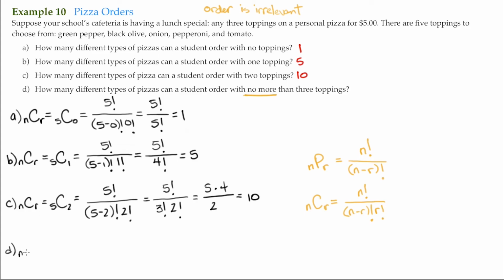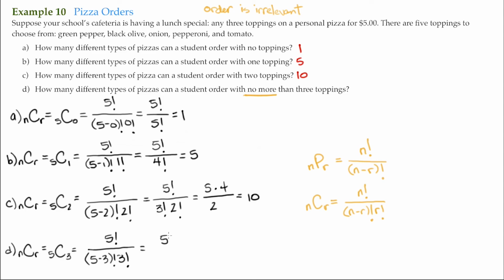So we have N choose R. 5 choose 3. 5 factorial over 5 minus 3 factorial times 3 factorial.